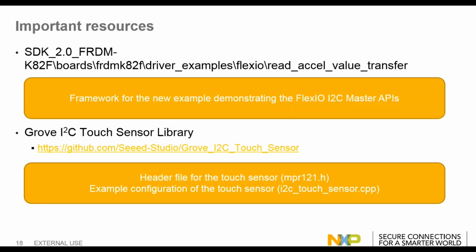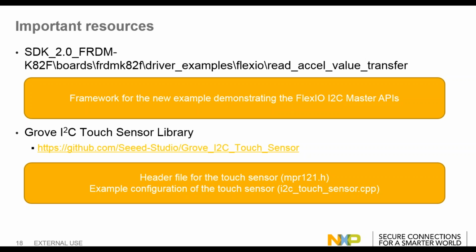So this will give you an example of what data needs to be sent and what formats to use for I2C communication. Besides that, when you talk about using the Grove sensors, there are libraries available. If you go to this link for the Grove I2C touch sensor library, there are two files there that you can leverage to accelerate your design, as we'll demonstrate in this project.